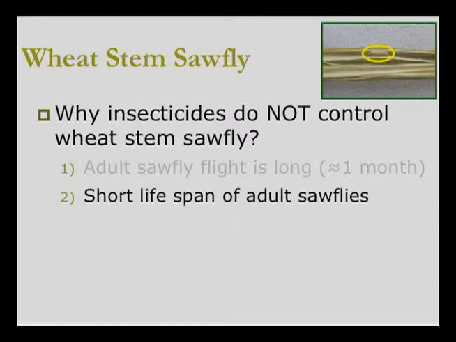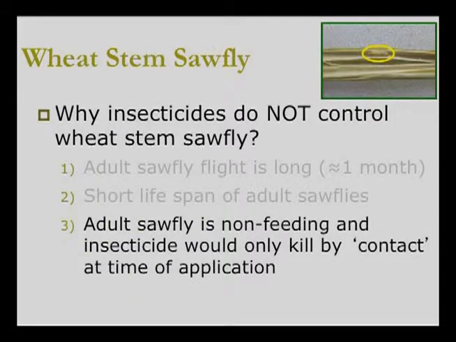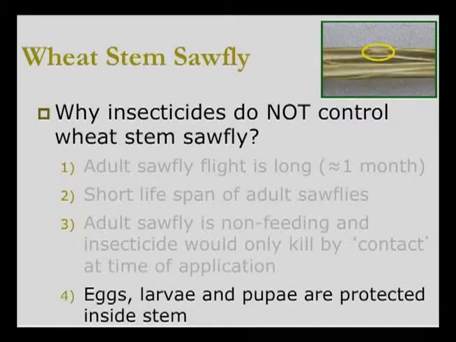Short lifespan of the adult sawfly makes it difficult to target insecticide applications for adults to prevent oviposition. 3. Adults spend little time feeding or imbibing water, which may minimize oral exposure to insecticides. And 4. Eggs, larvae, and pupae are protected within the plant, making them inaccessible to foliar insecticides.